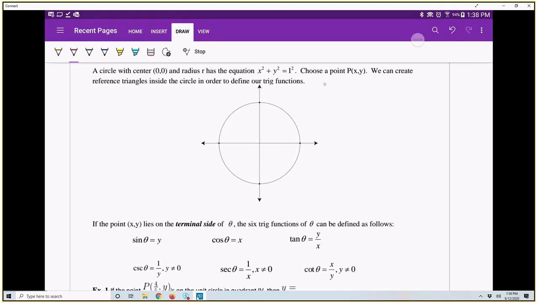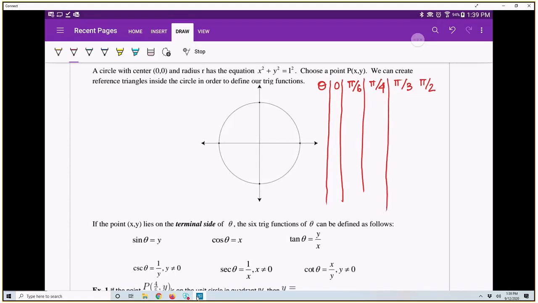The angles for theta were 0 degrees or 0 radians, pi over 6 or 30 degrees, pi over 4 or 45 degrees, pi over 3 or 60 degrees, and pi over 2 or 90 degrees. The way I asked you to remember this table is by remembering the first row, the values of sine. So we're going to do it one more time and use this table to understand the other trigonometric ratios.